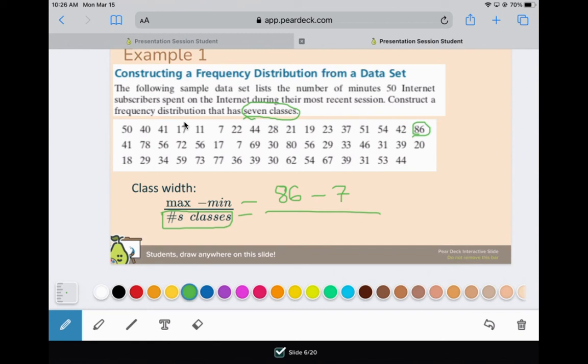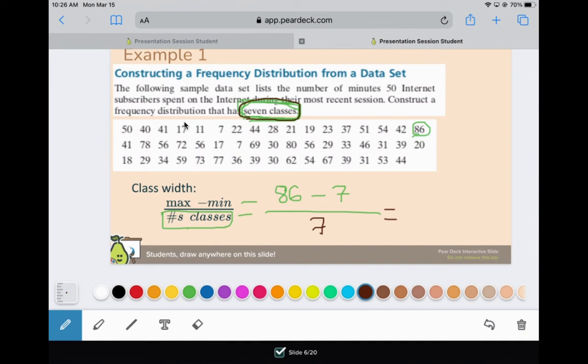So the number of classes is given to you in the instruction. In the instruction, they will tell you what number. So I will have to divide by 7 because they want you to have 7 classes. Okay, so this is how I'm going to find the class width. When the table is given to you, it's nice and easy, but if they don't give you the table, we have to figure that out. That's how I find the classes.